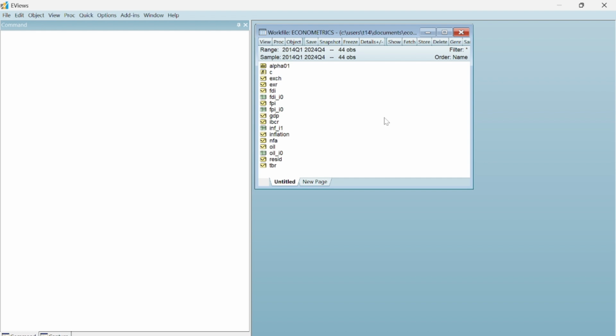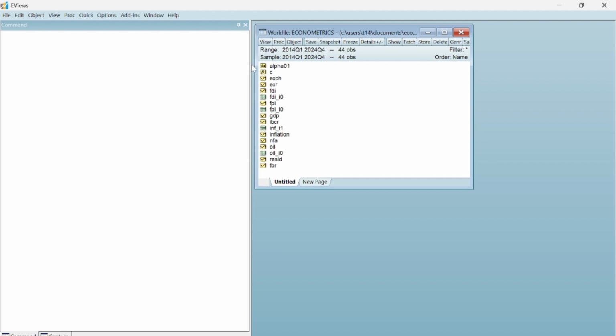So I'm going to show you how to draw these graphs in EViews, how to have two or three graphs, and how to adjust the dates. For example, we have data sets from 2014 down to 2024. You want to look at the pre-COVID era and post-COVID era and how your variables behave. You can do that with EViews.